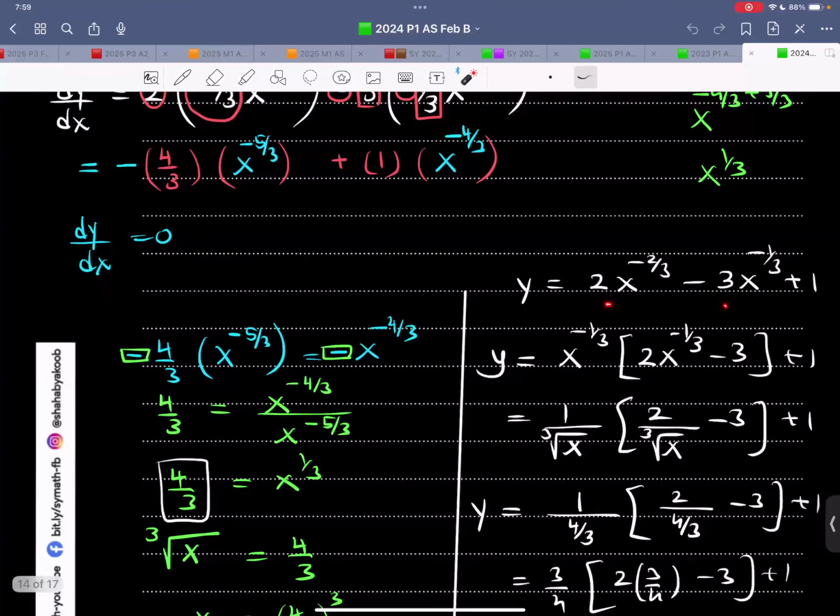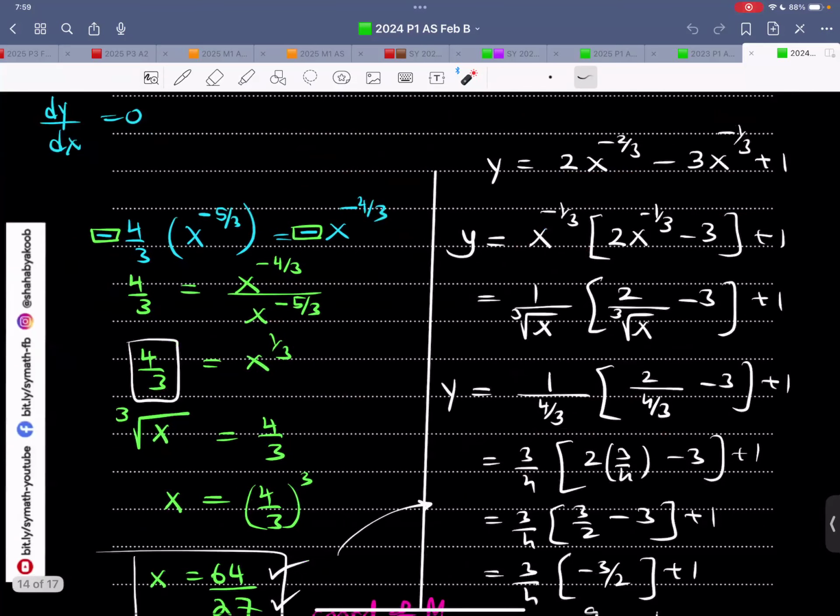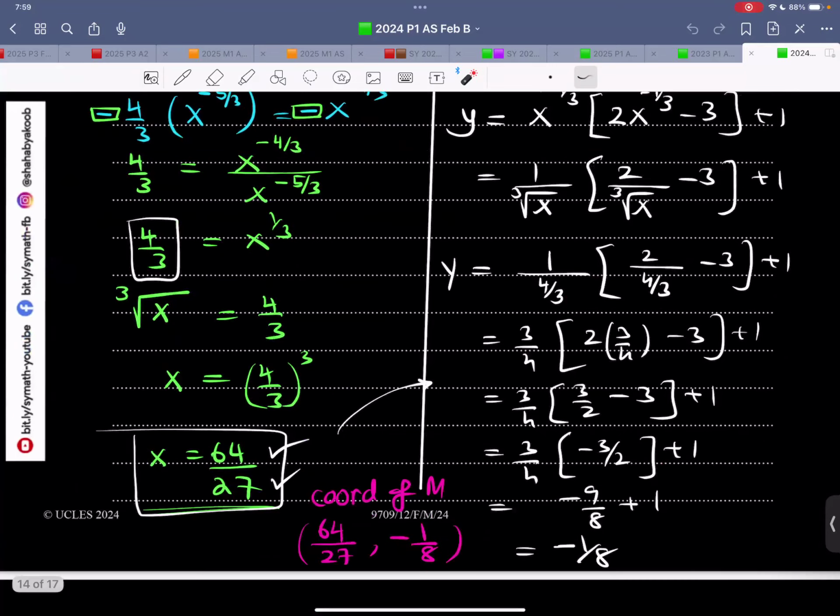Now you plug in over here to find the y coordinate. Now you look over here, too much indices. Take common. So x raised to power of 1/3, x raised to power of 1/3, that is x raised to power of 2/3. So I have taken x raised to power of negative 1/3 common. And then this is 1 over cube root of x. This is 2 over cube root of x, and so on. And then when we plug in 4/3, the cube root of x is already 4/3.